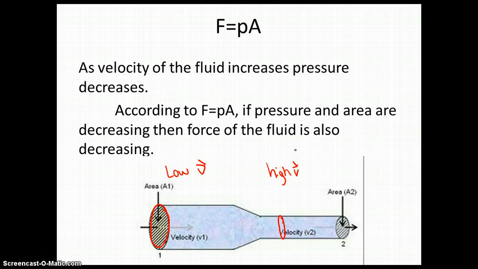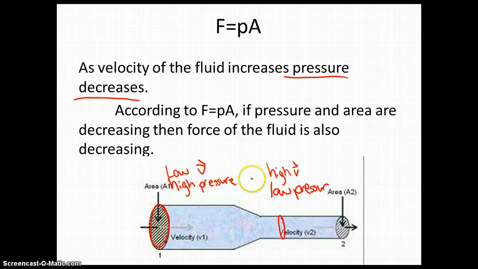We also know that as the velocity of a fluid increases, our pressure is going to decrease. And so where we see this increase in velocity, we see a low pressure. Consequently, when we have a low velocity, we see a high pressure.